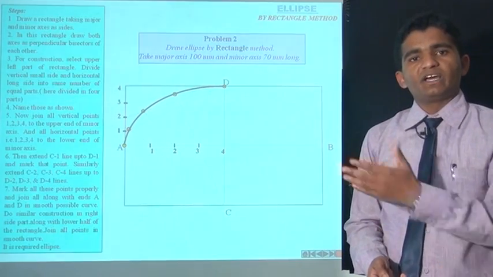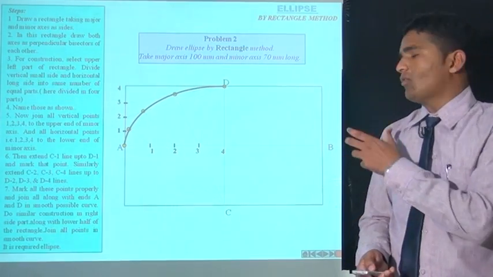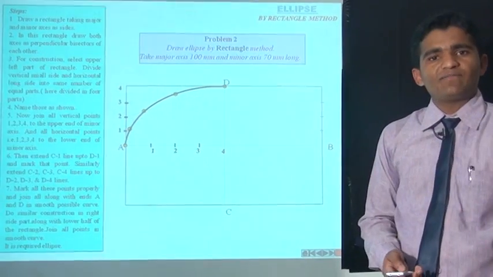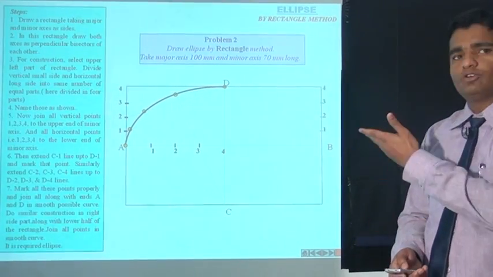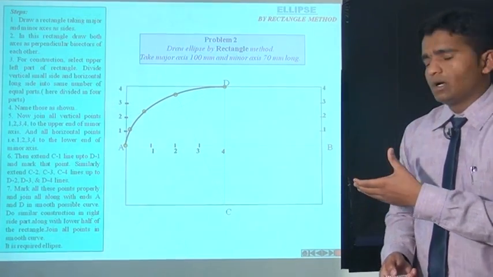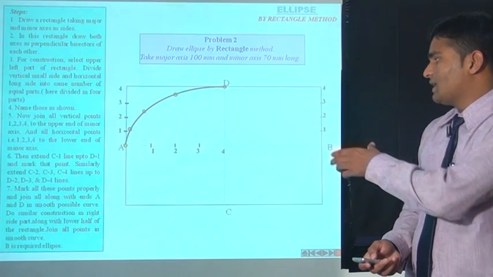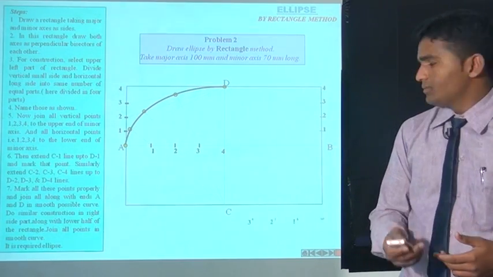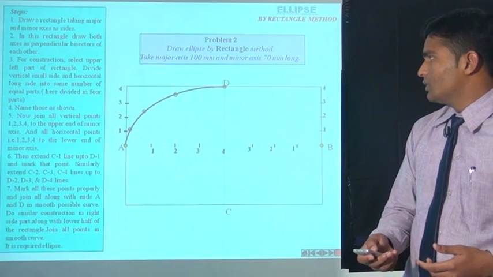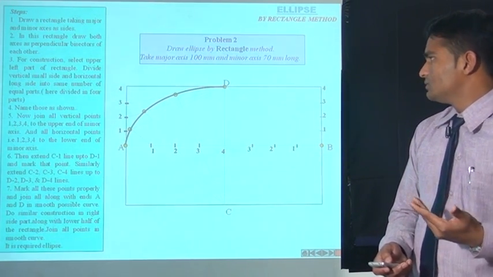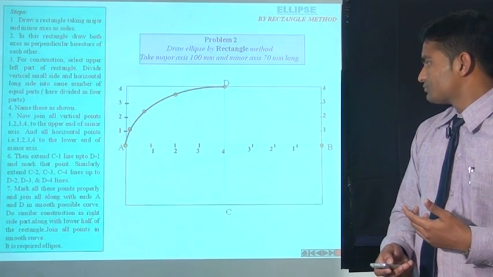Now again considering the right upper part of the rectangle, do the same procedure as for the left upper part. Divide the small vertical side into four parts and divide the right horizontal long side into four parts.